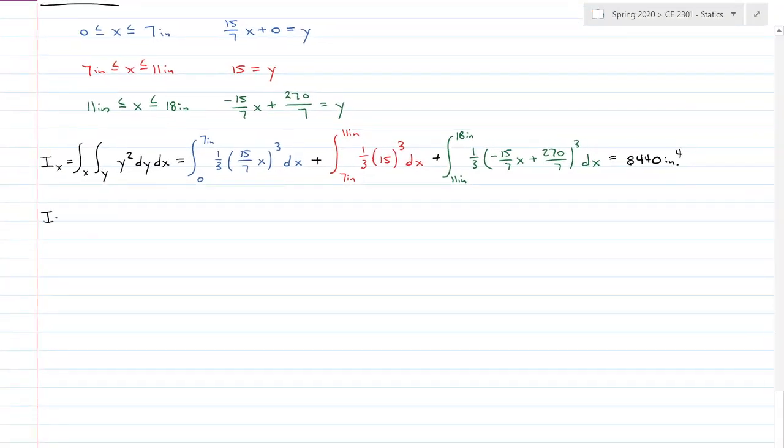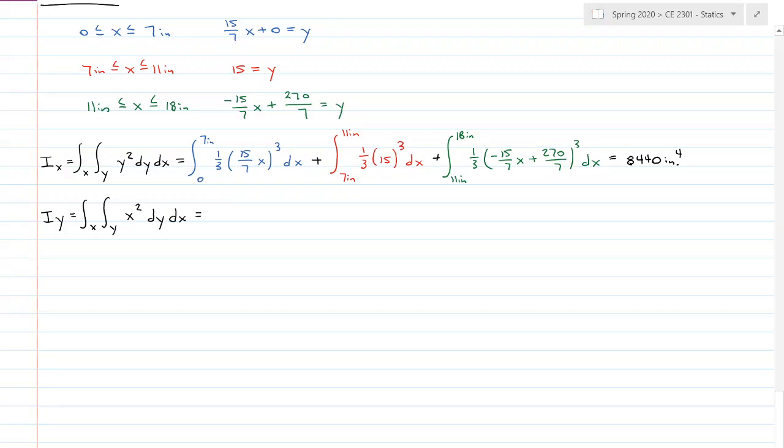For Iy, we also are using, okay, x-axis. So this is moment of inertia about the y-axis, but we're integrating with x-axis on the outer integration, okay? x squared dy dx.